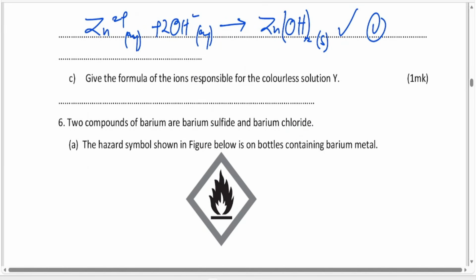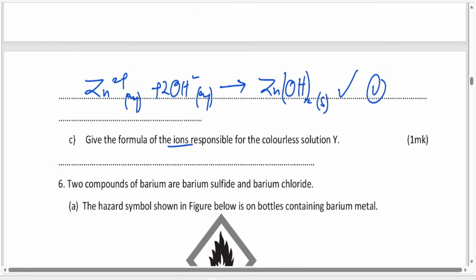Part C, give the formula of the ions responsible for the colorless solution. We know the colorless solution is due to the complex ions that are formed. The complex ion is between zinc and 4 molecules of ammonia with a charge of 2 positive. Therefore, giving the formula, we shall have zinc tetraamine, or tetraamine zinc 2 ions.